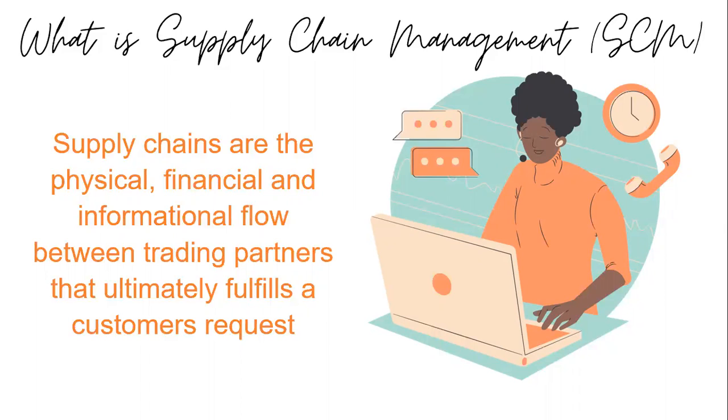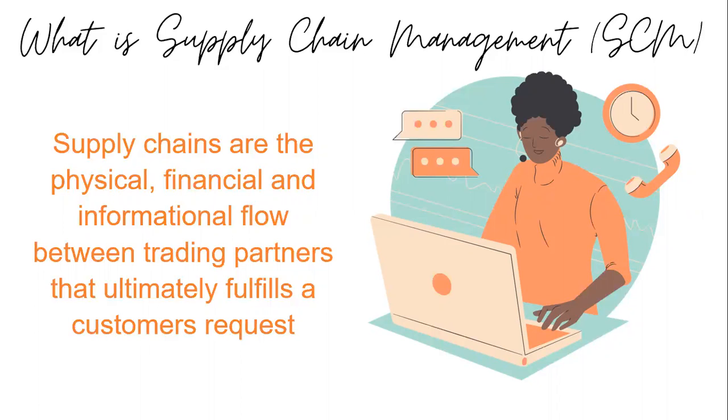So the net result, long story short: in any supply chain, there is a flow of three things. One is the physical good, right? The second is financial or money flow. And the third is information flow.